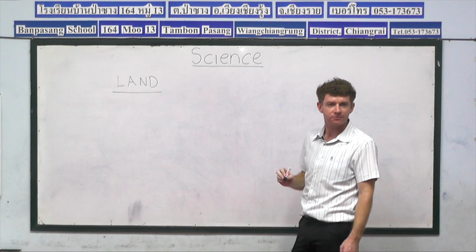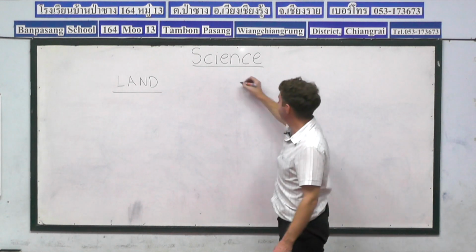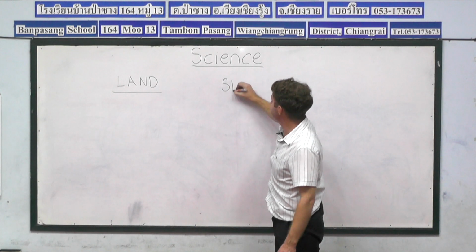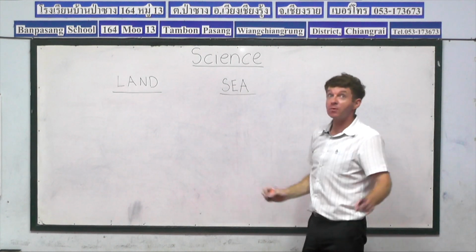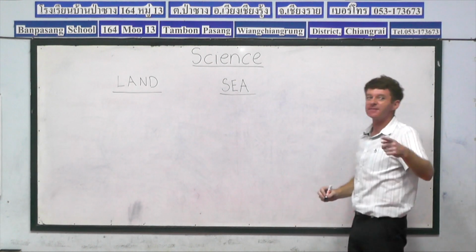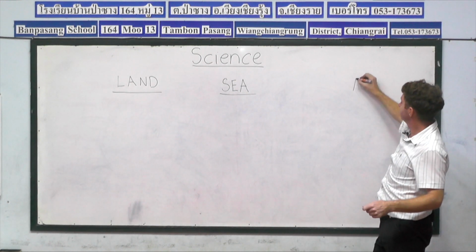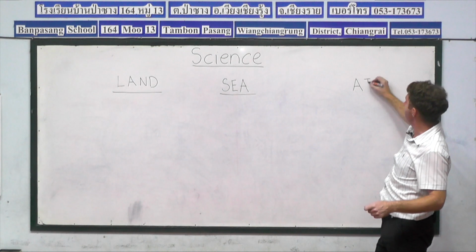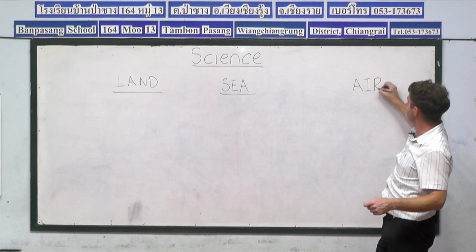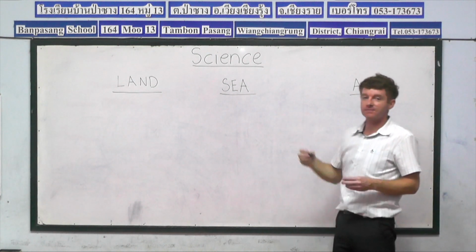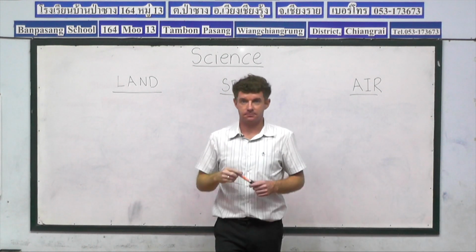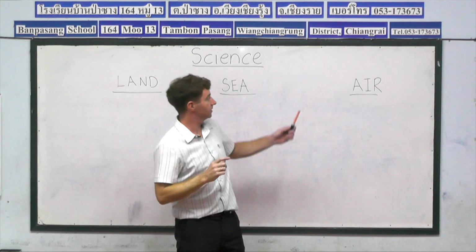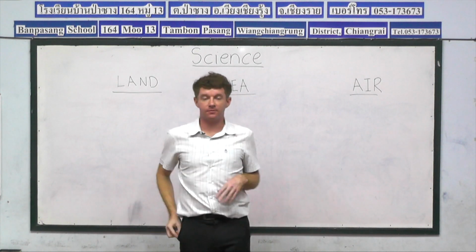Sea animals live in the sea. S, E, A. And then, where can we find birds? Where do birds live? In the air. A, I, R. Okay, so all together, guys, land for land animals, sea, sea animals, air for birds.